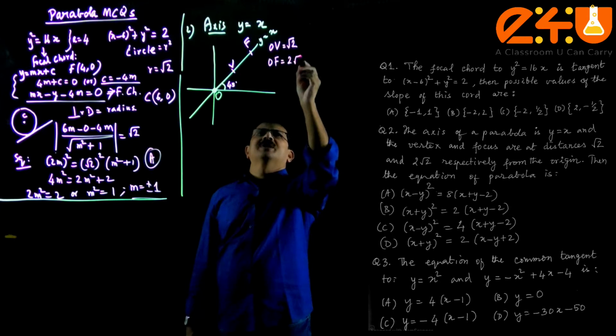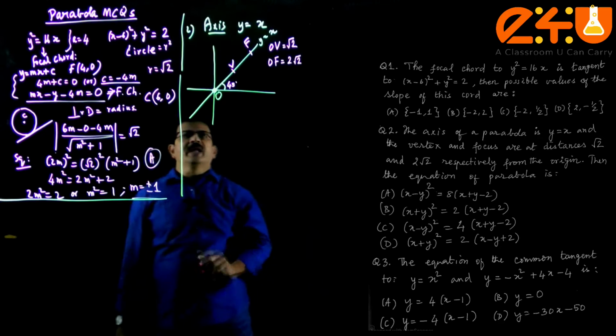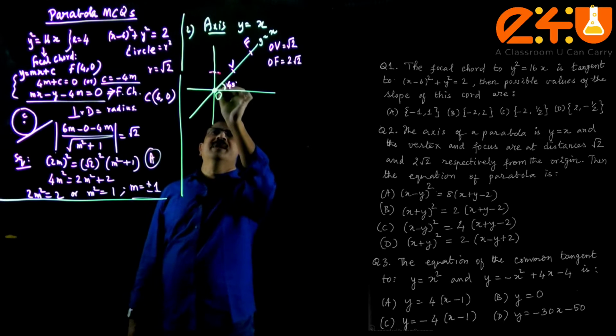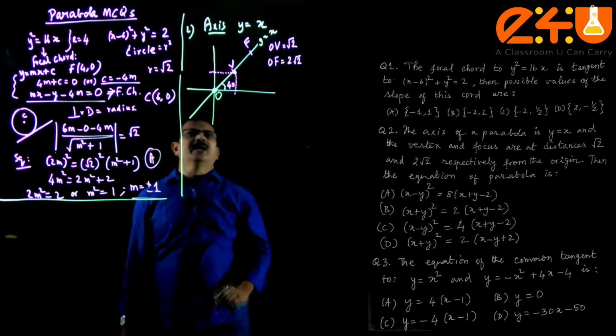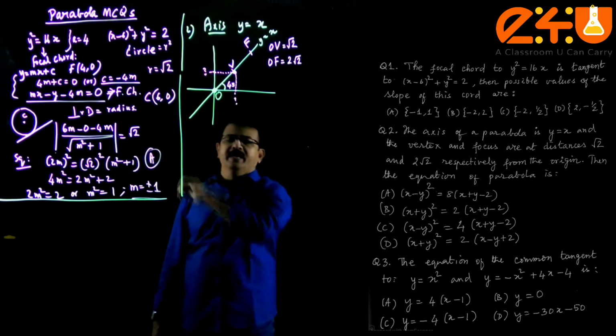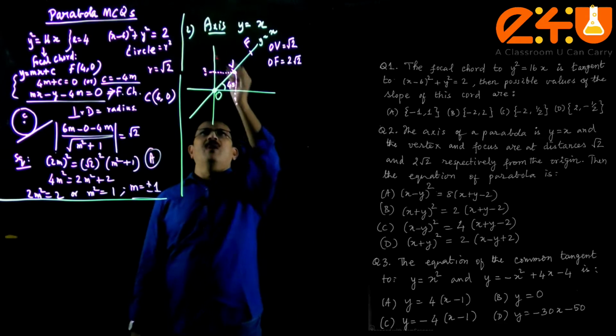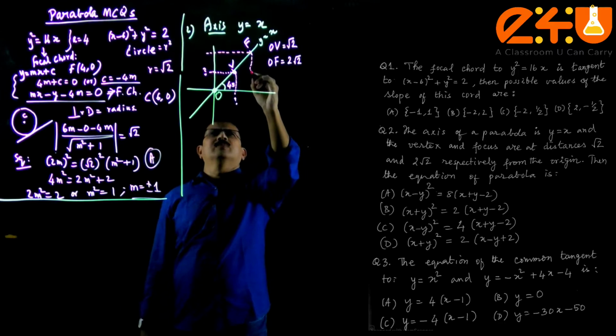Origin to focus is 2 root 2 units. Okay, and the angle you know very well, it is 45. So I think students can easily find out the x coordinate and y coordinate for the vertex and for the focus also.